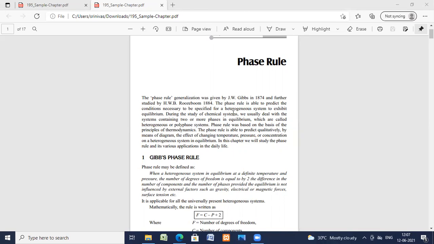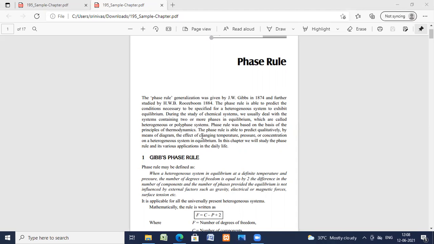In the study of chemical systems, usually we deal with systems containing two or more phases in equilibrium. These are called heterogeneous systems or polyphase systems. Phase rule is based on the principles of thermodynamics.